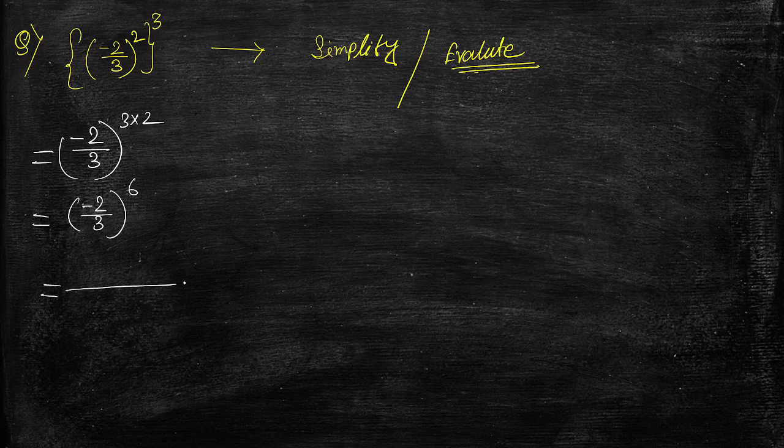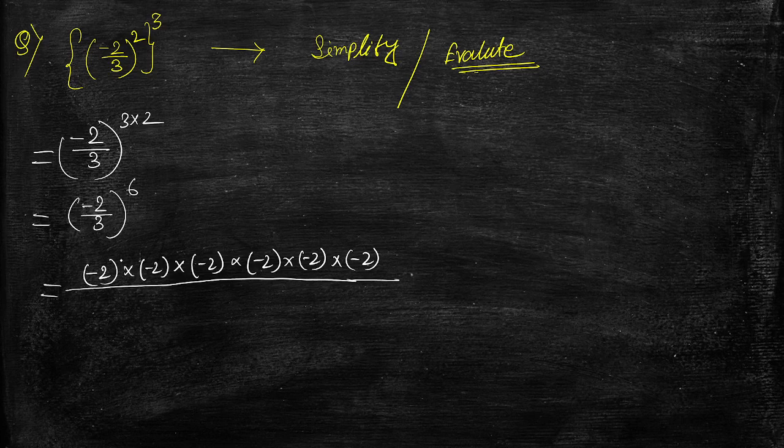Now we need to evaluate that. So minus 2 will come 6 times, and 3 will also come 6 times.